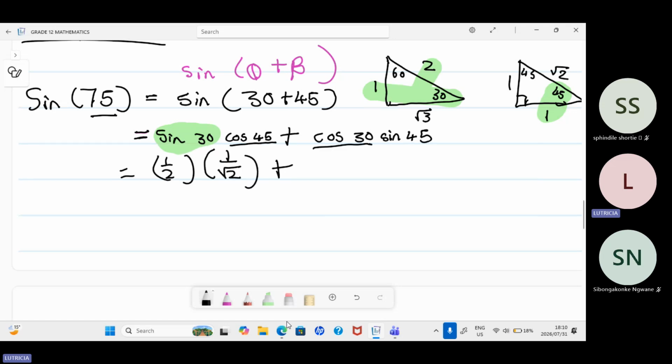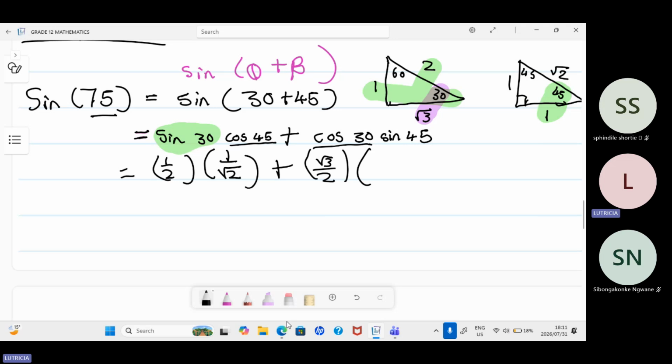Cos 30 is root 3 over 2, and then we're gonna multiply it with sine 45. You'll notice that sine 45 is also 1 over root 2.